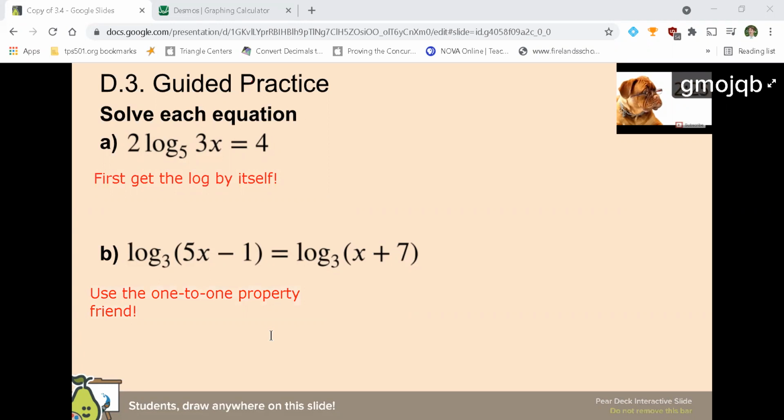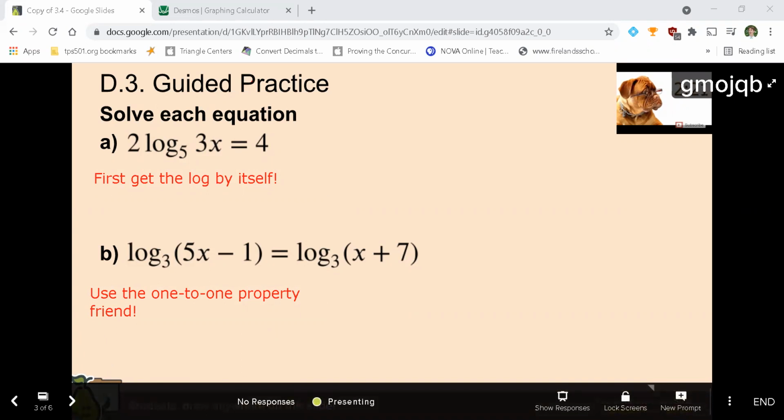I gave you 2 hints. There's 2 hints up there, okay? You're welcome.